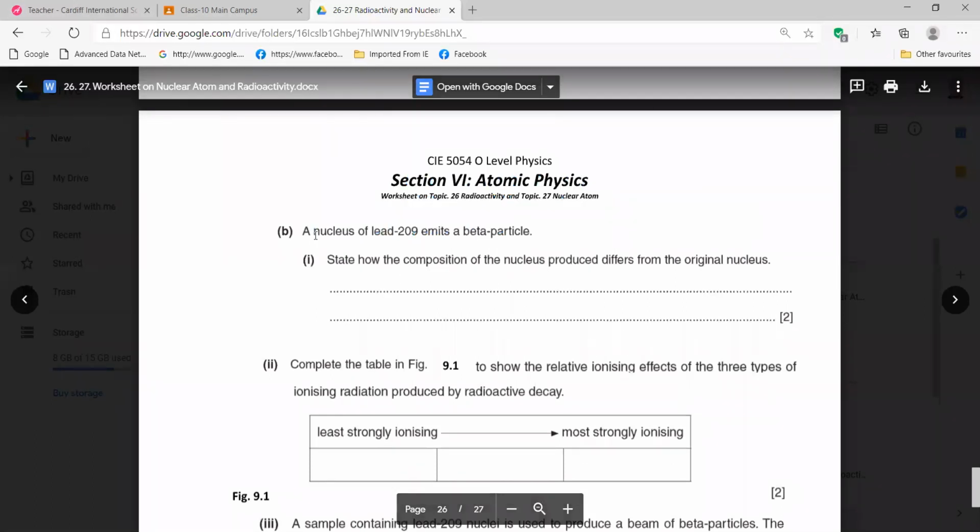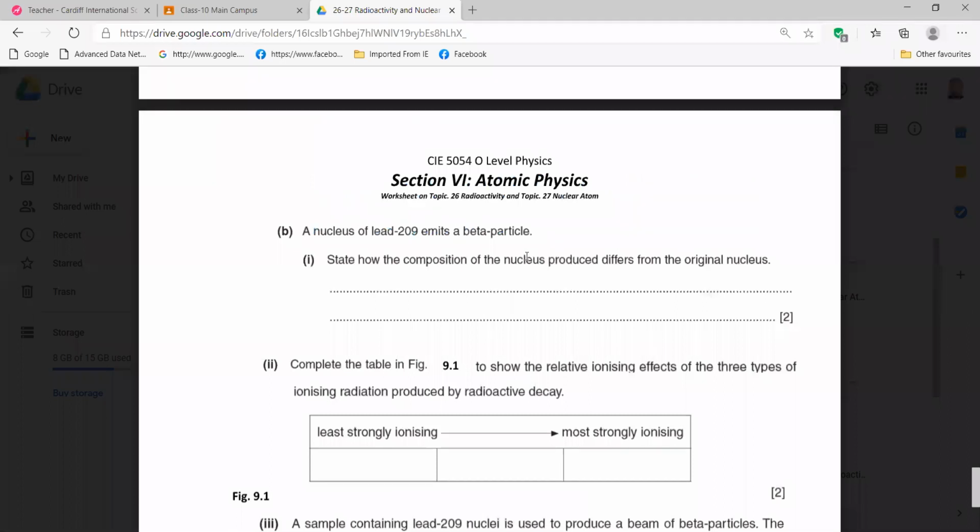A nucleus of lead-209 emits a beta particle. State how the composition of the nucleus produced differs from the original nucleus. So how is the nucleus different? The neutron reduces and a proton and electron increase.